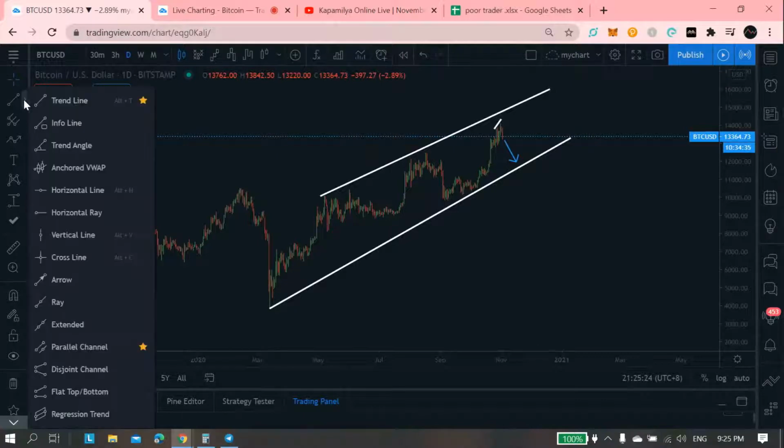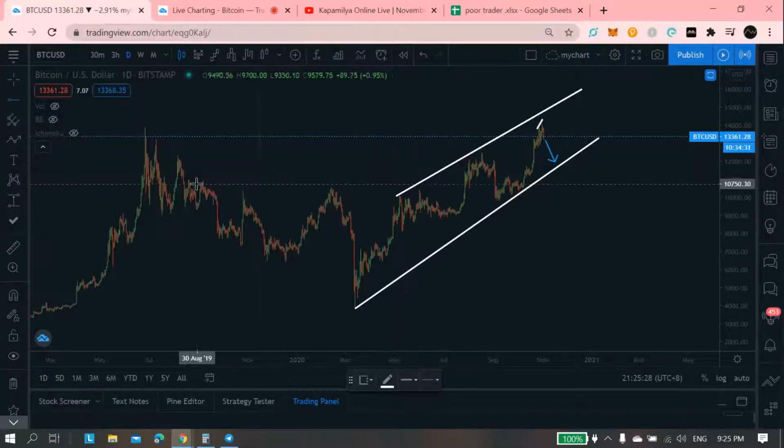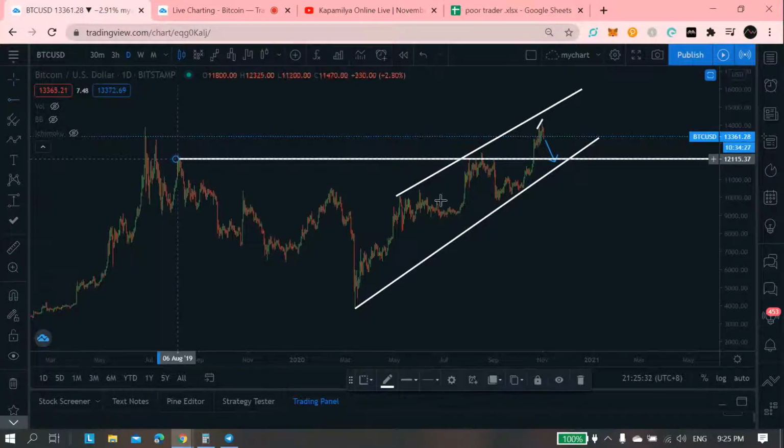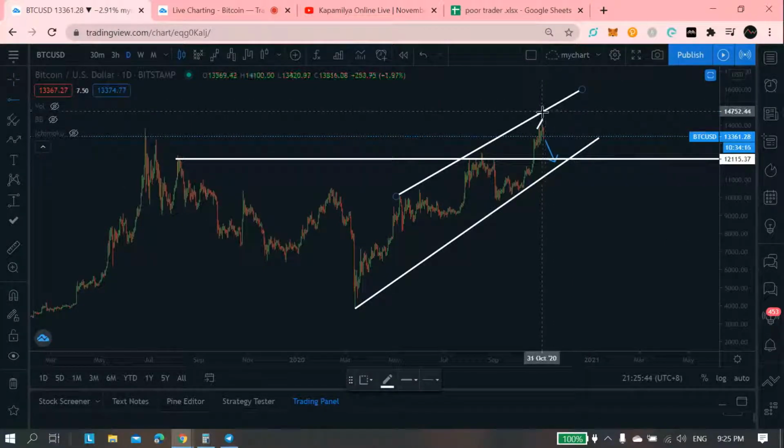So I think that's it for the daily time frame, and possibly, of course, worst case, to retest this area. I'm looking at this area around the 12,000 worst case scenario. And of course, the resistance at this area depends where the candlestick is, but maybe around this area.